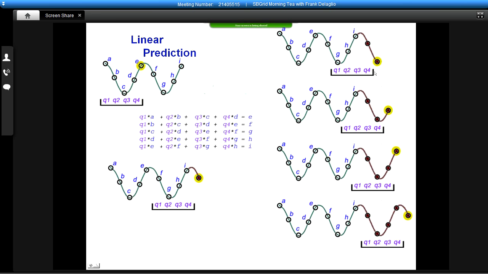Then we can slide over the set of coefficients and use that new synthetic point with the points that come before it to make a linear combination which predicts yet another synthetic point in the data. And we can slide the coefficients over again and use these 2 synthetic points and the previous points to predict yet another synthetic point in the data. And we can keep doing this as long as we want.